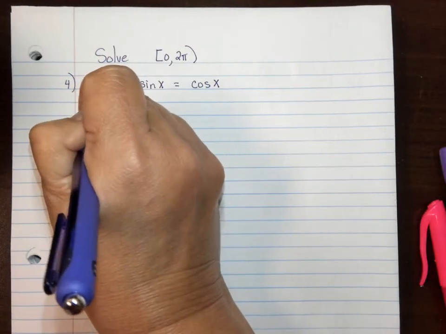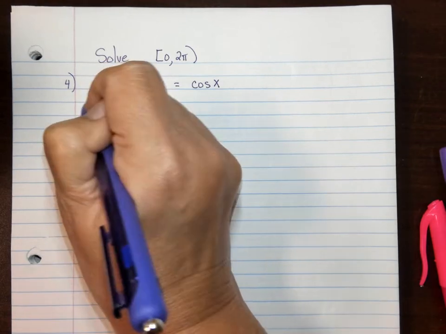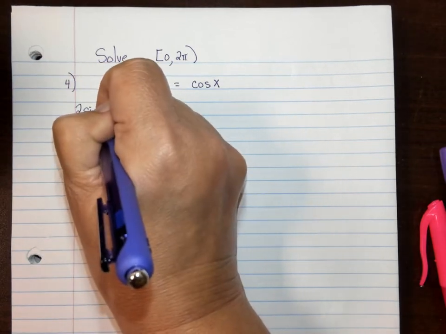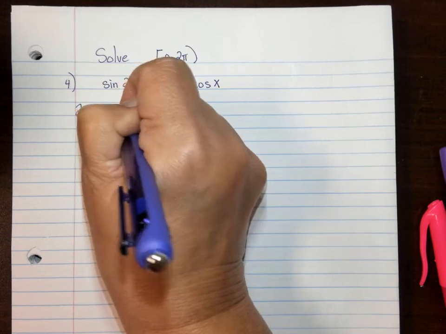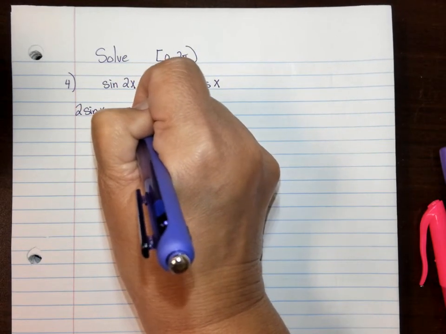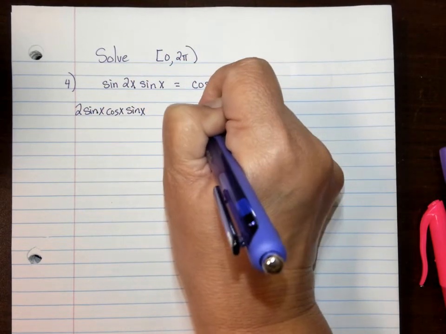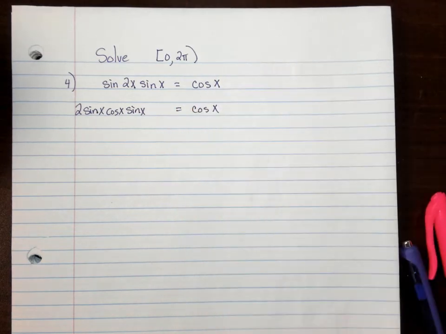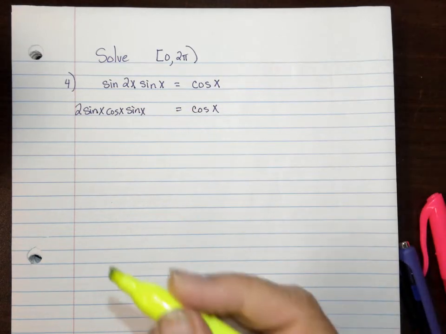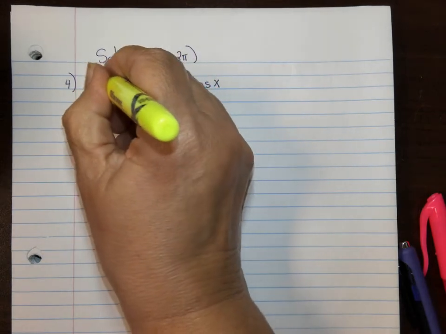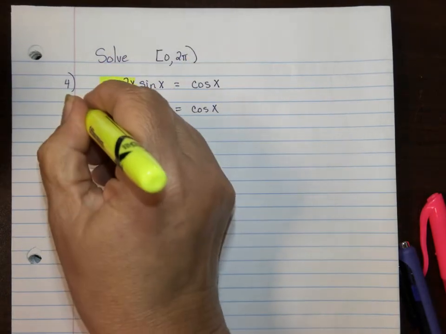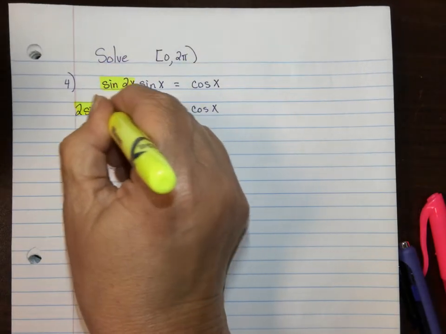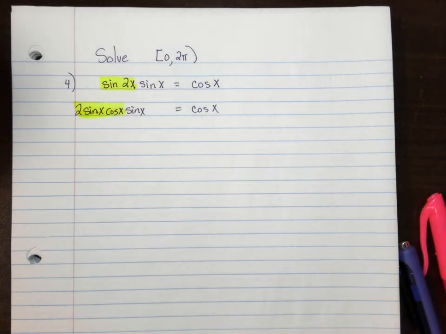So the first thing I'm going to do is replace that sine of 2x with my double angle identity. So this is going to be 2 sine x cosine x times sine x equals cosine x. So wait a minute, Miss Collier, what did you do? I took sine of 2x, this part right here, and I substituted it with this double angle identity.